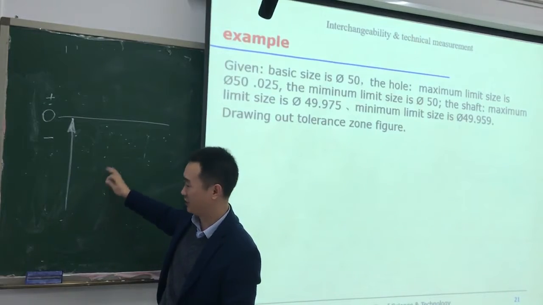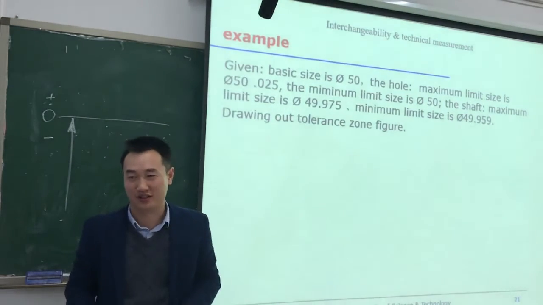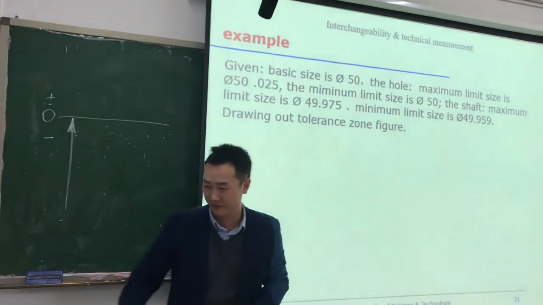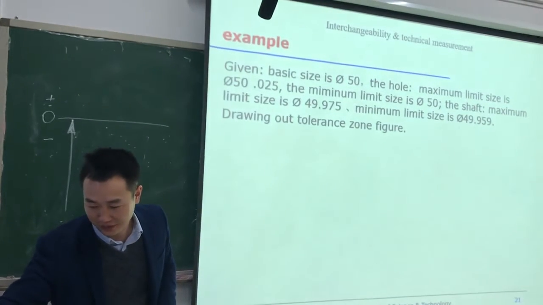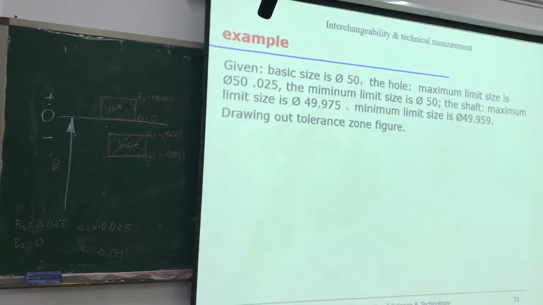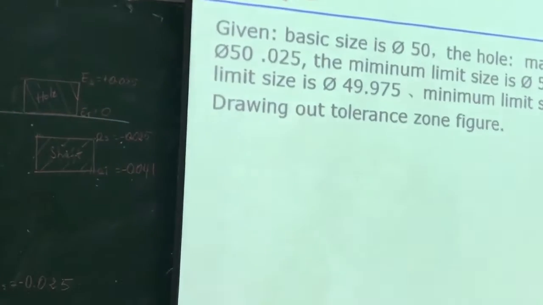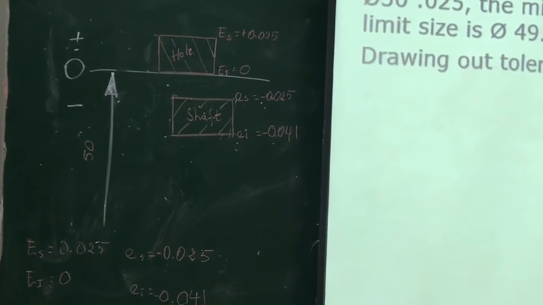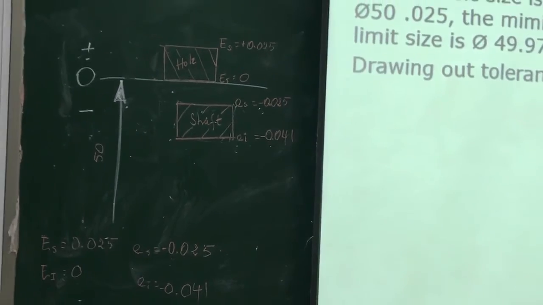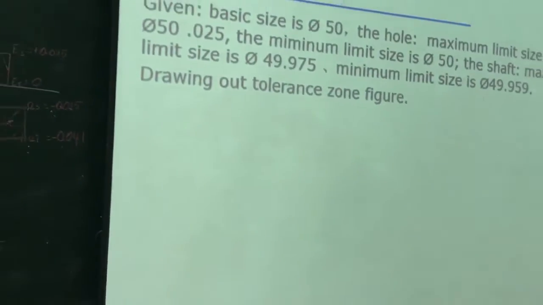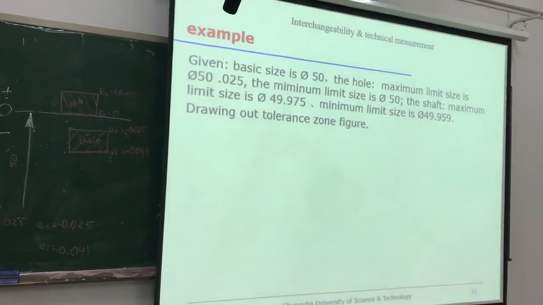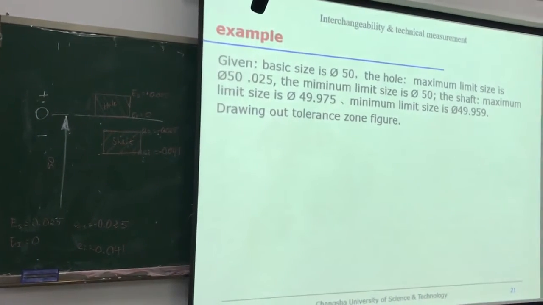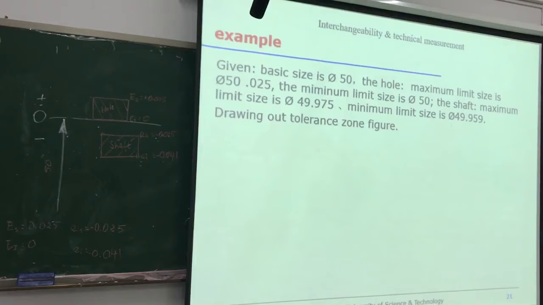Try to give the answers of the exercise. Normally we just draw a rectangle, but the real length of the rectangle is associated with the real value also. For example, the EI is 0, so it must come to here. It's here, right? And you can calculate the tolerance.